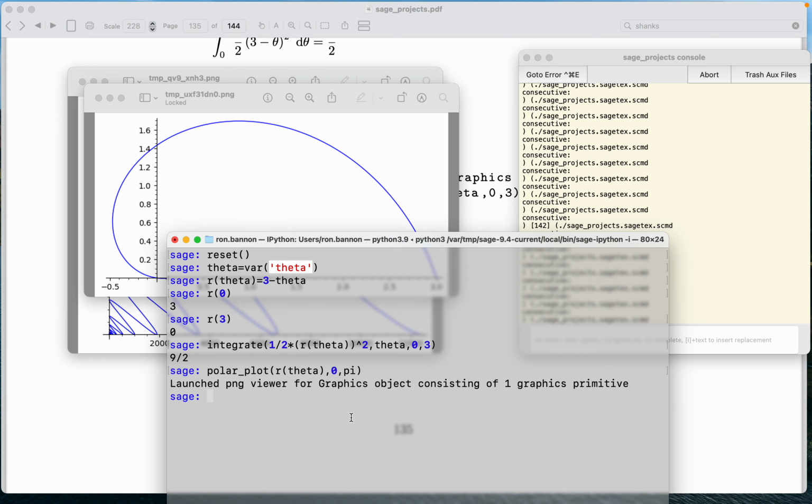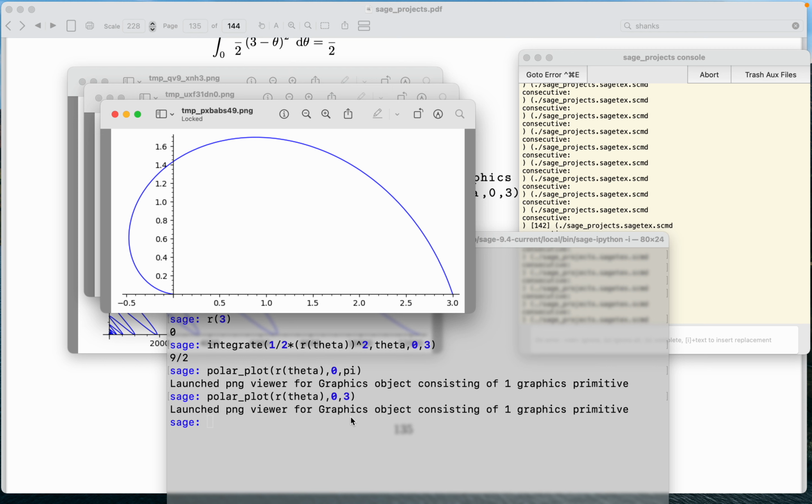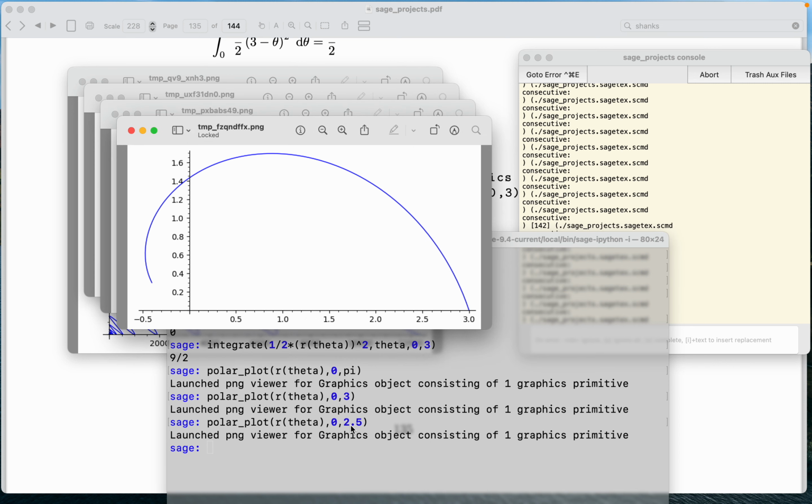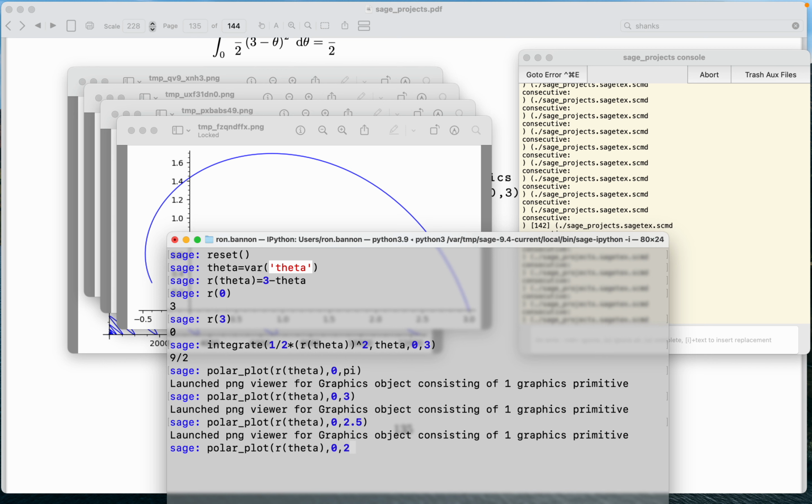Again, you may want to play around with this, and instead of going to pi, I'll go to 3. If I want to do, instead of 3, 2.5, I think you're getting the idea what's happening over here. You can play around with this as much as you want. For example, let's do something outrageous. Let's go to 10, see what happens.